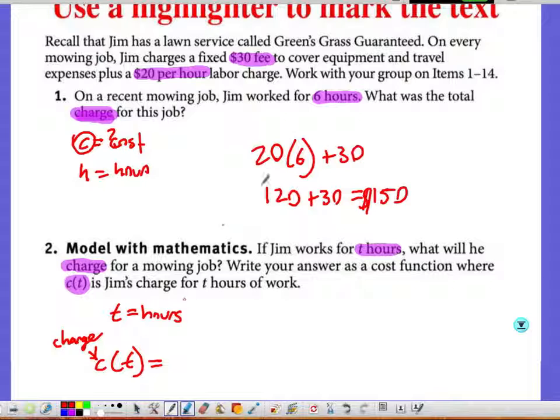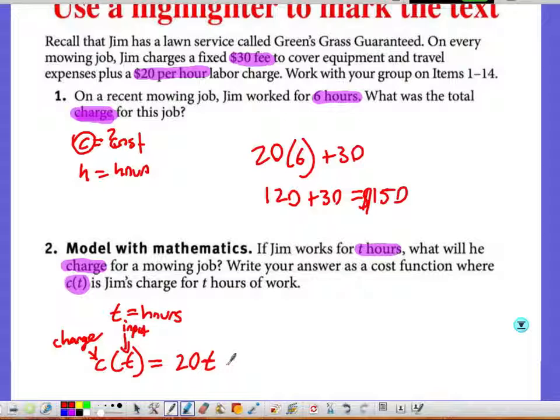So guess what? We basically take the information that we used to set up our first equation and just put it into the form of a function. Since my input is hours, that's what my variable is. Whatever's inside the parentheses, that's what the variable is going to be in your function. So since I'm charging $20 per hour, it's going to be 20 times the number of hours. We don't know how many hours, that's actually the variable.